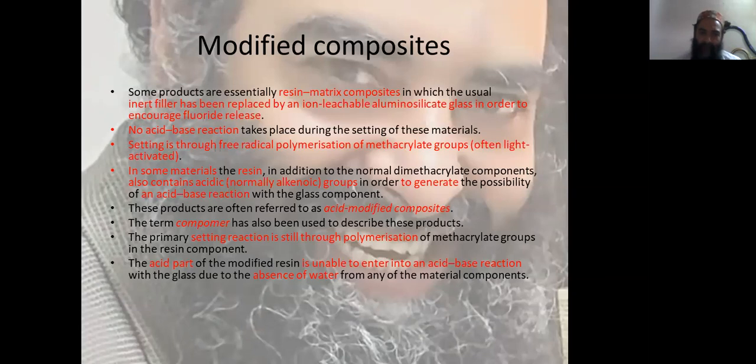These products are often referred to as acid-modified composites due to the replacement of the dimethacrylate component with the alkenoic group component. The term compomer has also been used to describe these products.